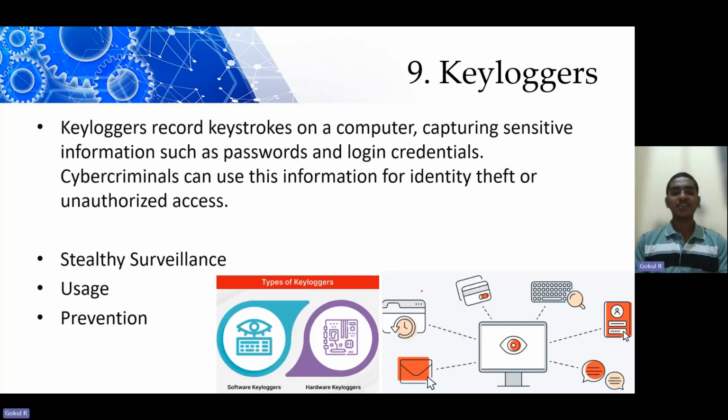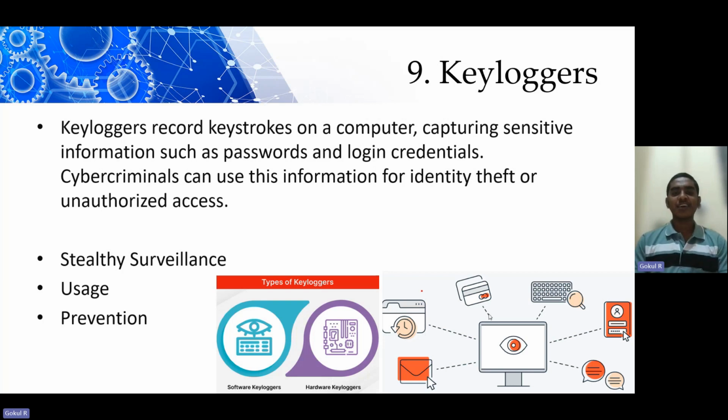Next one is keyloggers. Keyloggers record the keystrokes on a computer, capturing sensitive information such as passwords and login credentials. Cyber criminals can use this information for identity theft or unauthorized access. What are the keyloggers doing? Stealthy surveillance.